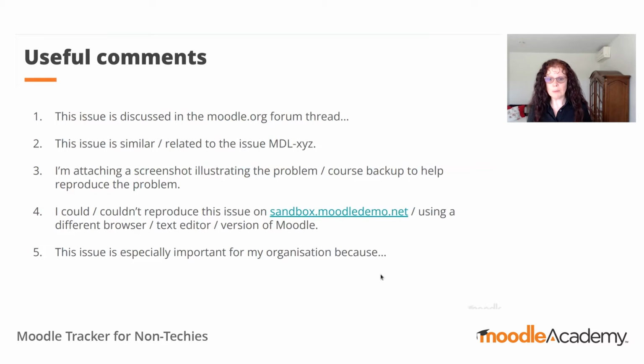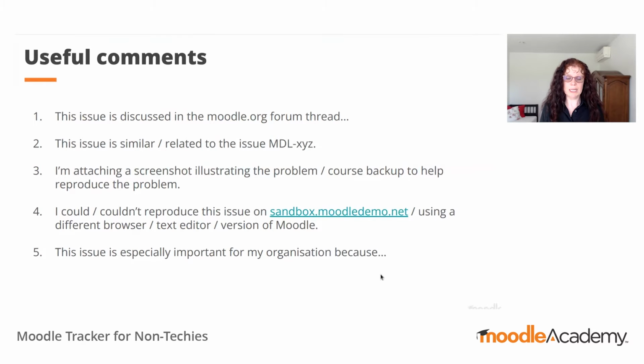For a complicated problem, sometimes a course backup can help when developers are trying to reproduce it. Then number four, also really useful, is confirmation whether the problem can be reproduced. And depending on what the problem is, you might want to try reproducing it on our special sandbox demo site, or if it was a theme issue, maybe you want to try it in a different browser.